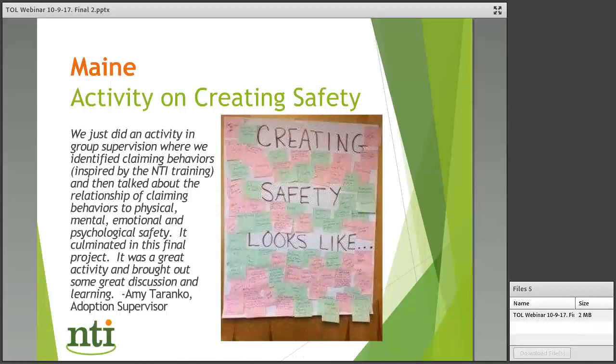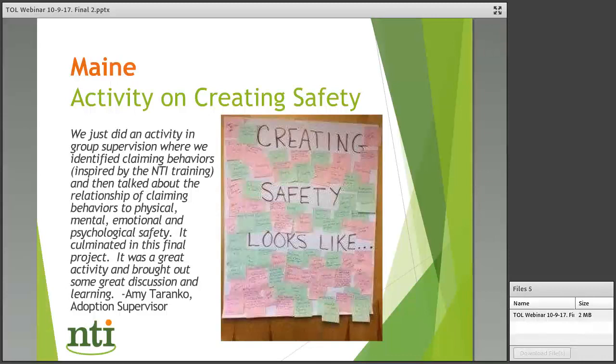Each person identified claiming behaviors connected with the physical, mental, emotional, and psychological safety, and each one wrote some statements on little sticky notes, and then walked around the room, put their sticky notes up on this poster, and then had a really rich and deep discussion about what creating safety looks like for kids and families.